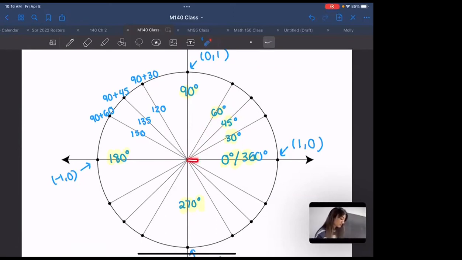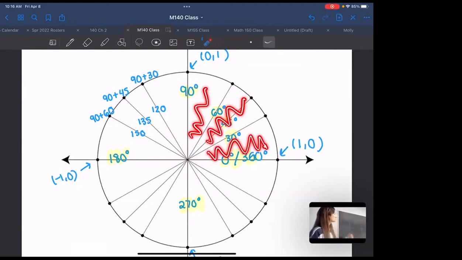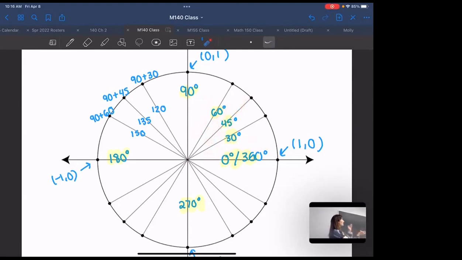If this is 0 and 90, the 30 and 60 cut this into thirds, kind of like a pizza. So if you ignore that 45-degree mark, the 30 and 60 are dividing that 90-degree angle into thirds. So 30, 60, 90, just adding 30 to 0 a bunch of times. The 45 is cutting the 90-degree angle in half, so 45 is half of 90.